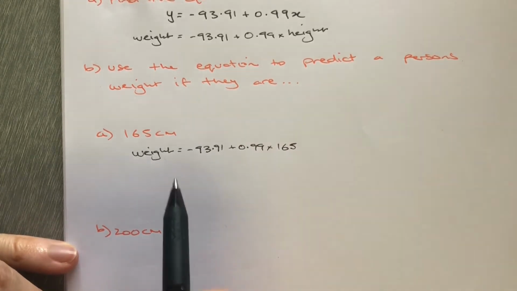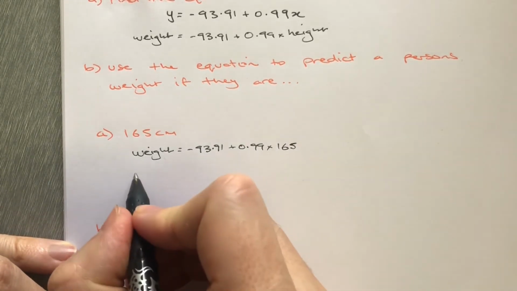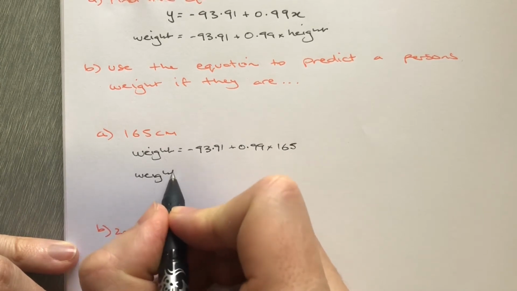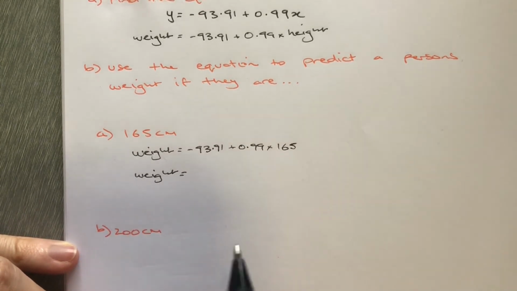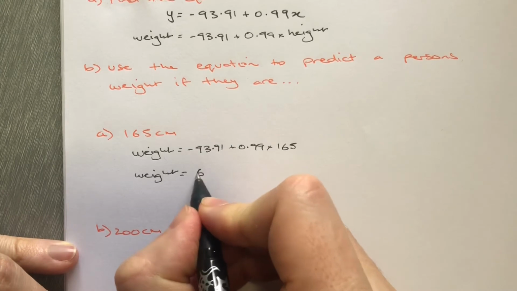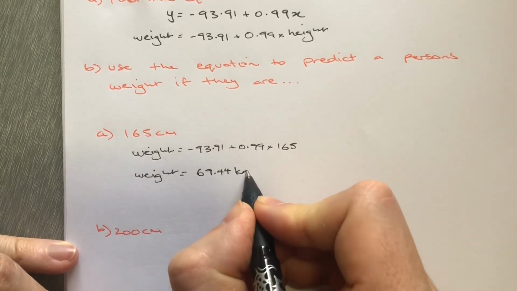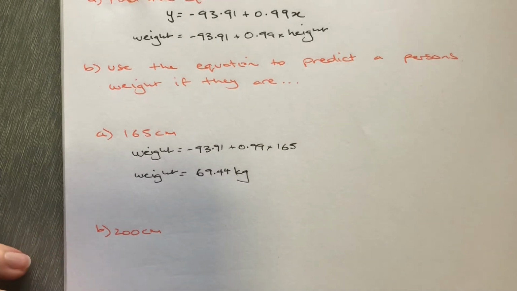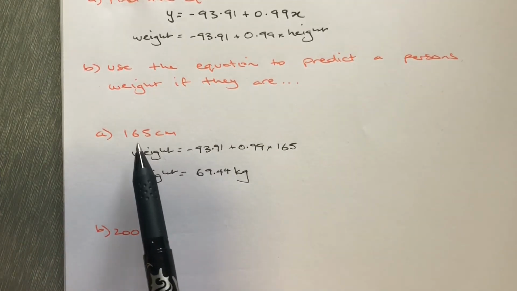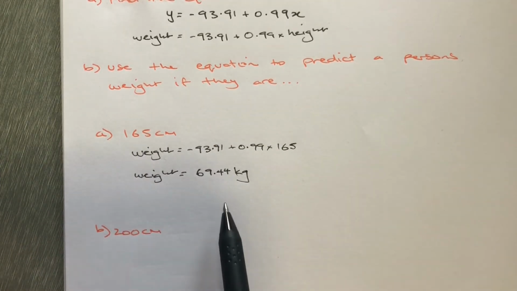So all you need to do is put that into your calculator, and it should tell you that the weight is going to be 69.44 kilos. Okay, now that's a prediction. That doesn't mean that someone that's 165 centimeters is absolutely going to be 69.44 kilos. That, as I said before, is just a prediction.